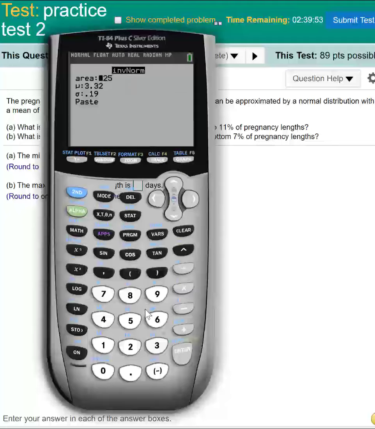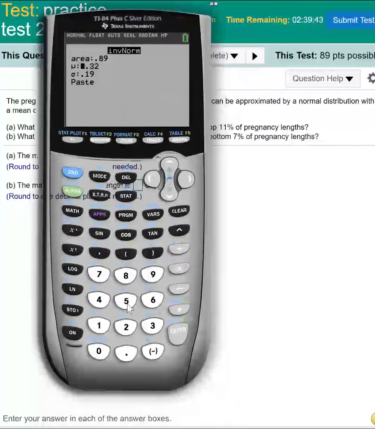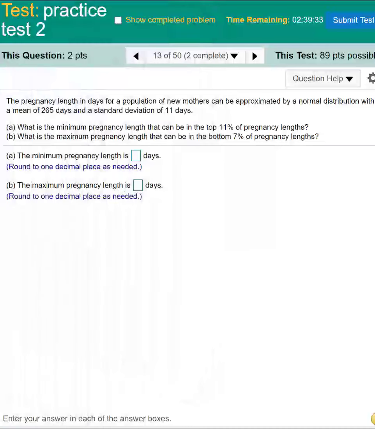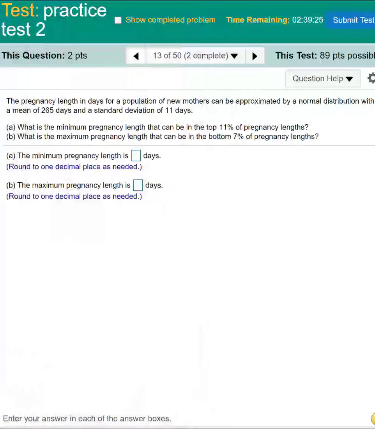It will be 100% minus 11%, 89%, 0.89. Don't put 89, just make it a decimal. And what's the mean and the standard deviation? 265 and 11. So it will be 278 days. It says round to one decimal, so 278.5, as you can see right here.